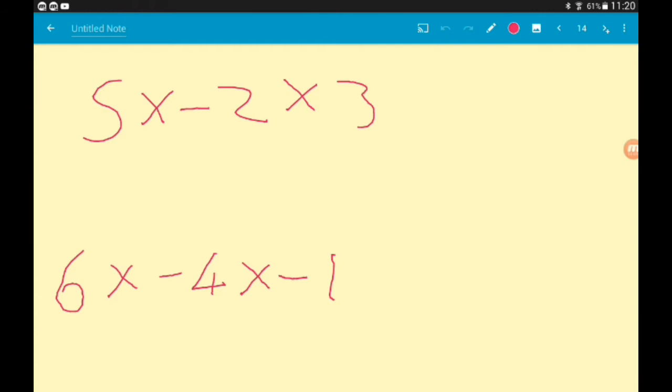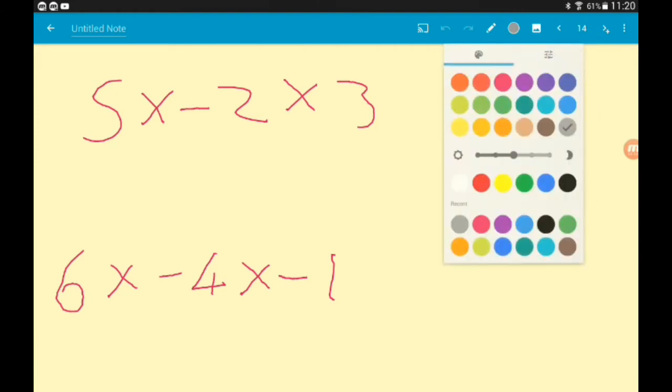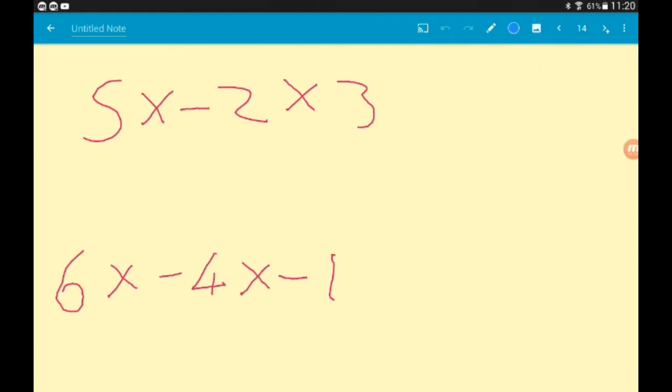So, first of all we've got 5 times minus 2 times minus 3. So, 5 times minus 2 is minus 10. So we've got minus 10 times minus 3. That's negative times negative, which is going to give us positive 30.